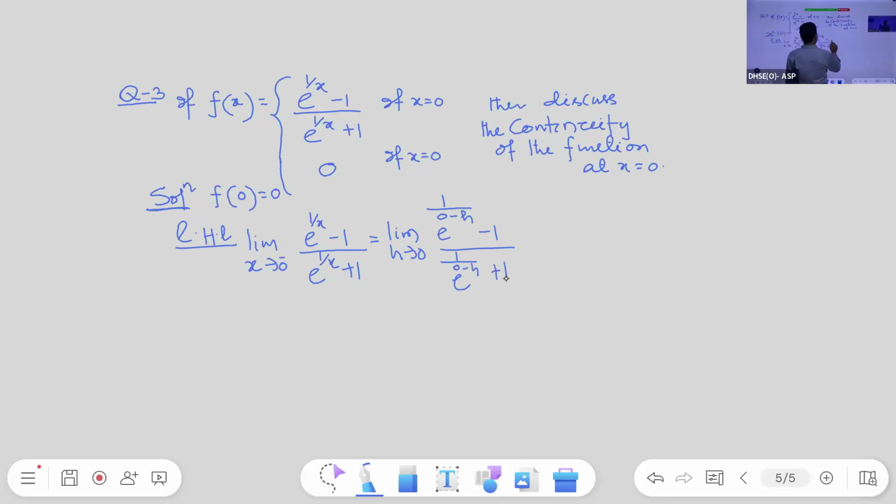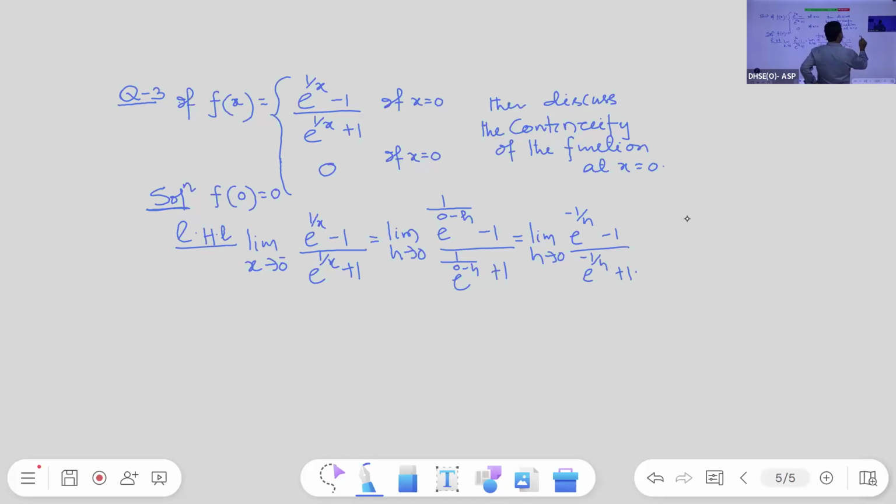This is equal to limit h tending to 0 of e raised to the power minus 1 by h minus 1 upon e raised to the power minus 1 by h plus 1. Okay. This is the analysis stage. Jagdish, try to focus on it.